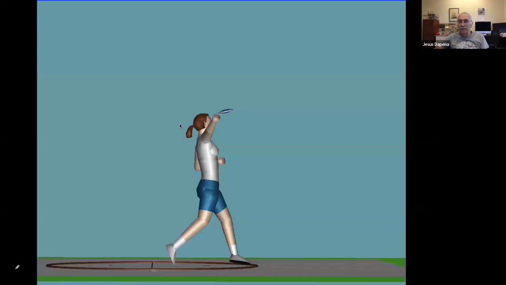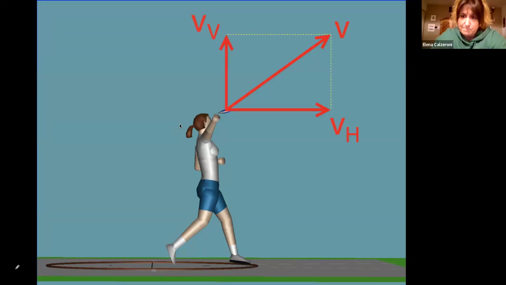Okay, so here is the discus thrower at the time of release. And the result of the throw is going to be determined almost completely by the speed of the discus at release. So we have a velocity of the discus, and that velocity or speed we can break down into two components: a horizontal velocity component and a vertical velocity component.